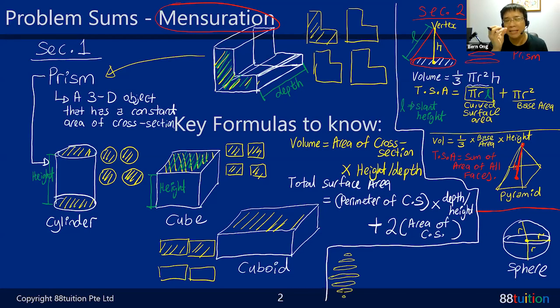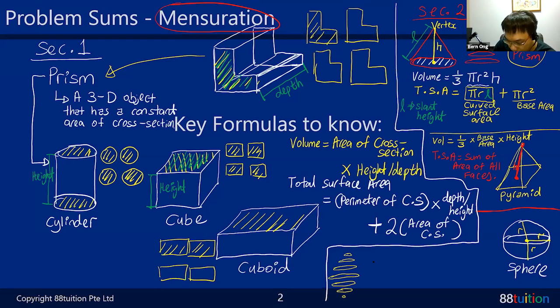For a prism, the place where you cut must be of the same size, but this is not the same size. So the cross section is totally different. This is not a prism. In Sec 2 you learn all the non-prisms, in Sec 1 you learn the prisms. That's how you differentiate, but you must understand the meaning of prism. After this lesson, please at least know that.